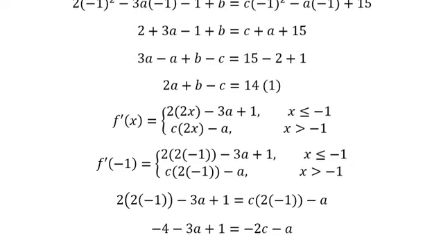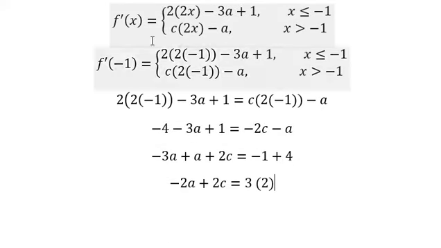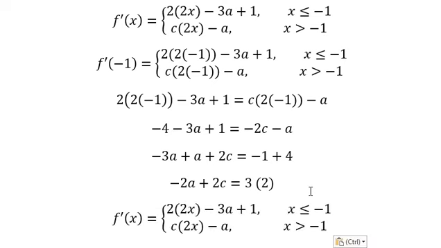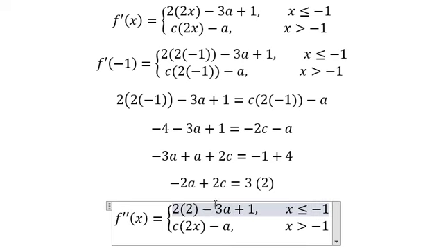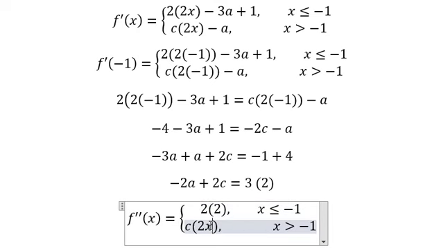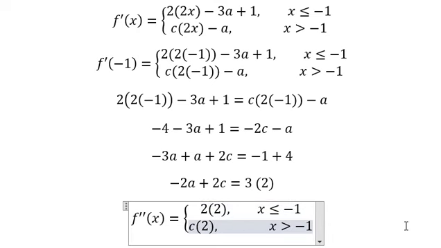And now we go to the second derivative. So this one we have 1. This one we have 0. This one we have 0. This one we have 1.